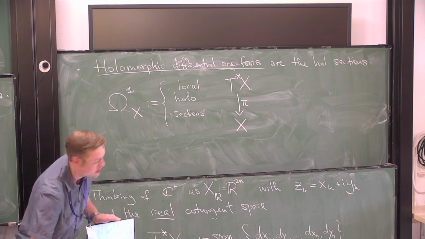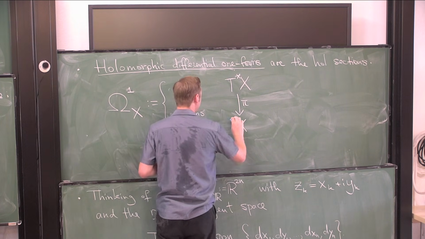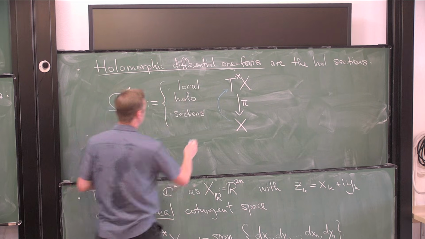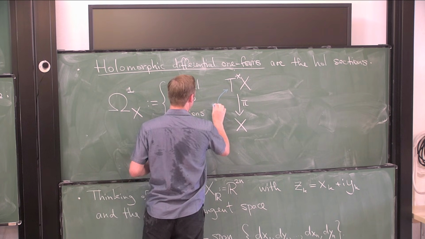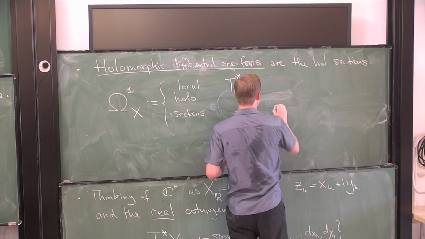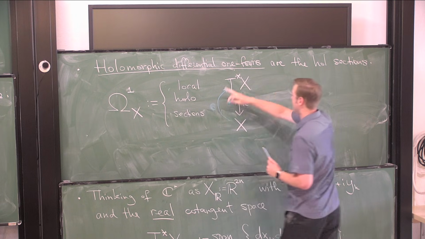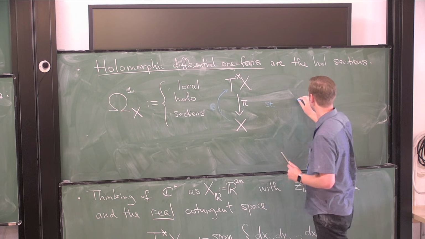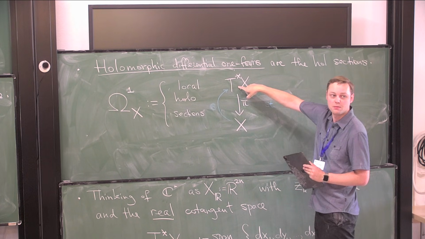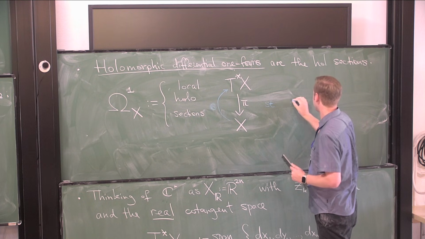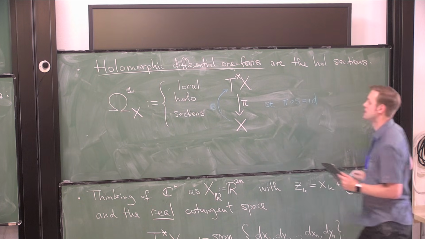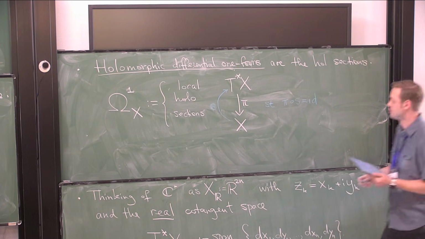So what is a holomorphic local section? It's a map S such that if I take a point in X, apply S, so I go up to this big manifold, and then project using pi, then that achieves nothing. It's just the identity.